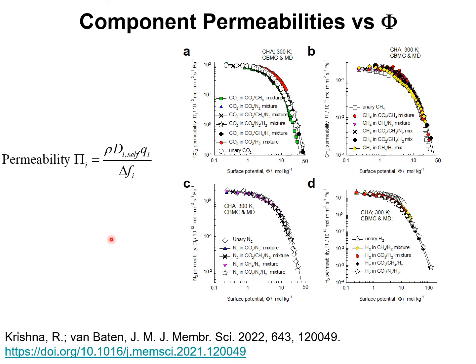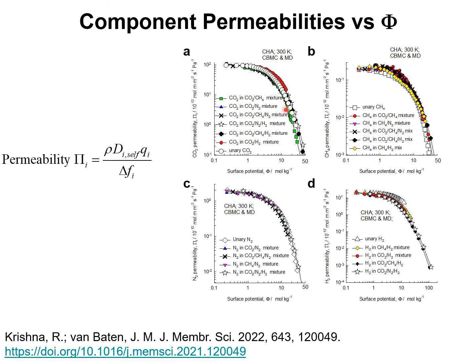We carried out a comprehensive set of molecular simulations of adsorption and diffusion of unary systems, binary systems, and ternary systems of gas molecules consisting of carbon dioxide, methane, nitrogen, and hydrogen in Chabasite zeolite at 300 K. Based on this set of data, the component permeabilities of carbon dioxide, methane, nitrogen, and hydrogen are plotted against the surface potential.